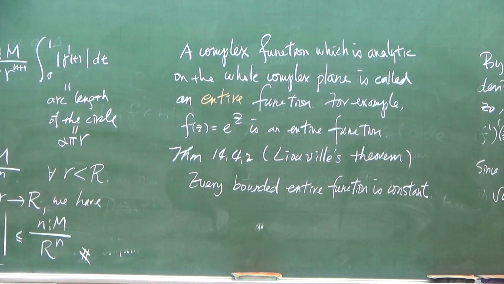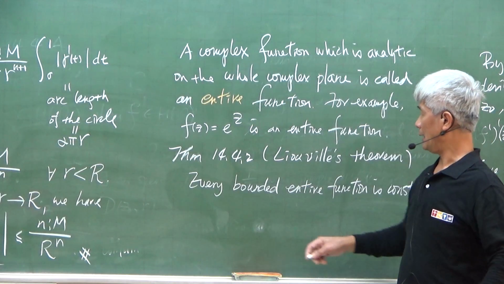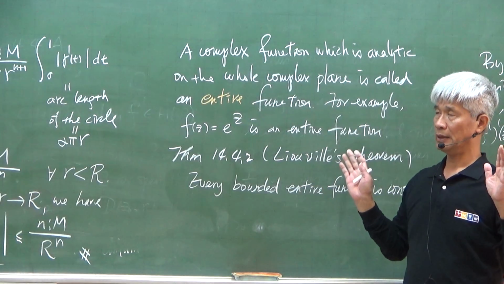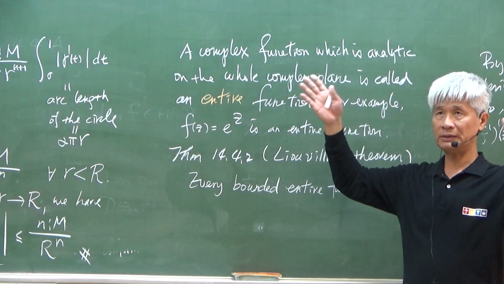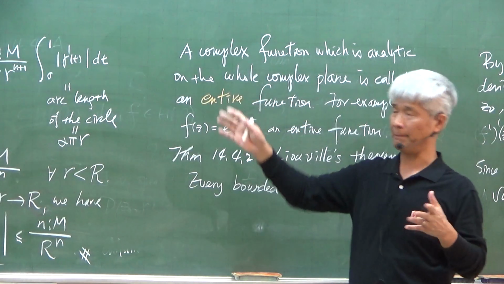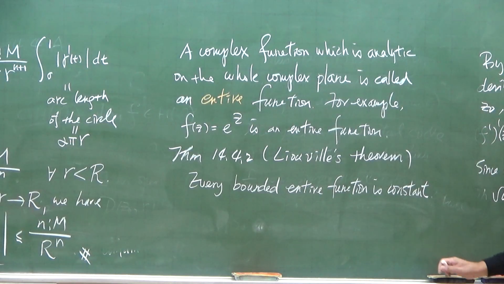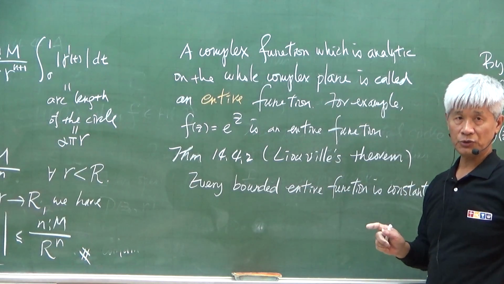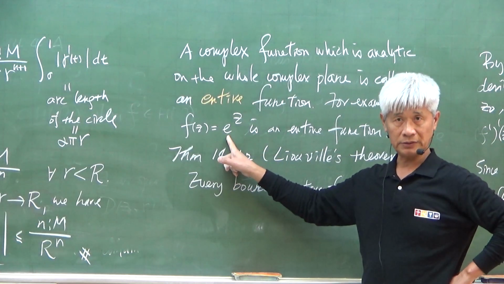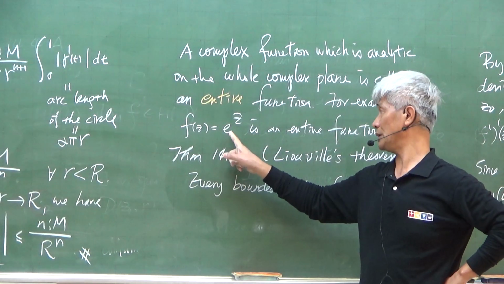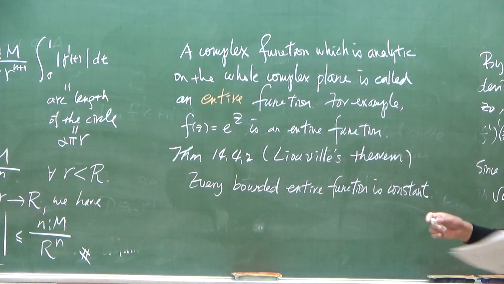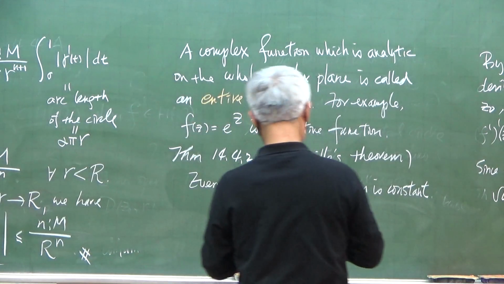So if we have an entire function, and if we know that it is bounded, it means that at every point in the complex plane the value is upper bounded by some number M. If this is true, then the entire function should be a constant function. That means a non-constant entire function should be unbounded, like the exponential function. The exponential function should be unbounded because it is clear it is not a constant function. And so this is called Liouville's theorem.